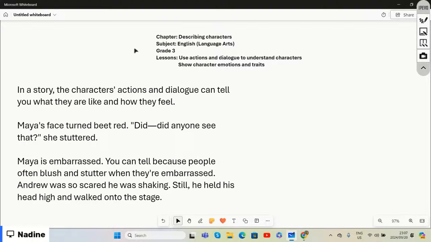And the lessons that we are going to be focusing on under the chapter of describing characters is to use actions and dialogues to understand characters and to show character emotions and traits.